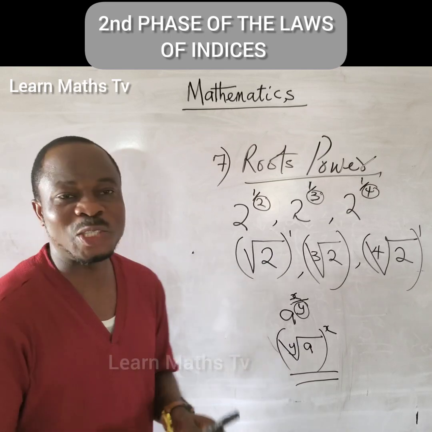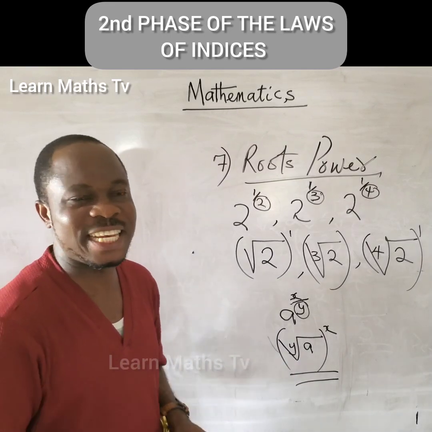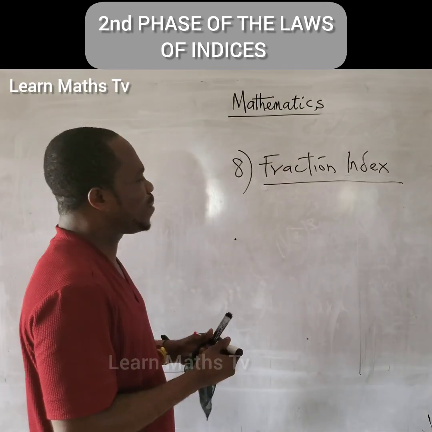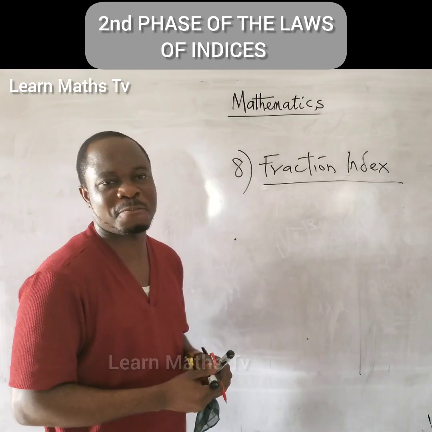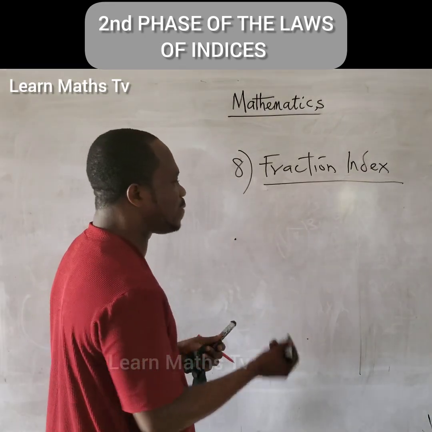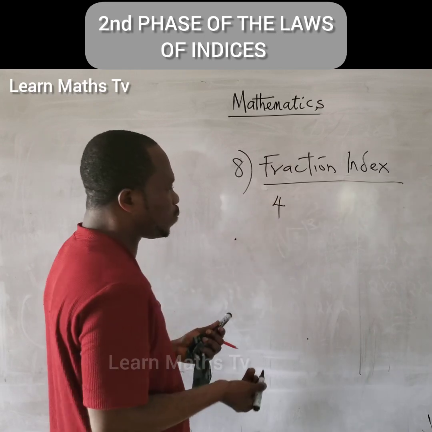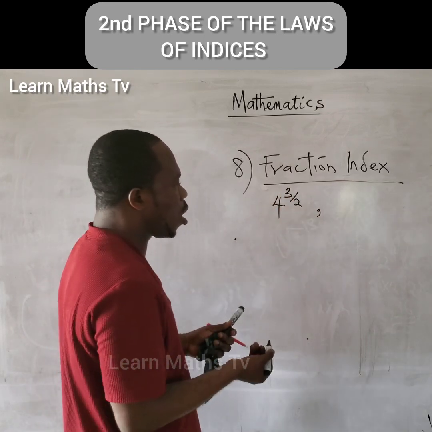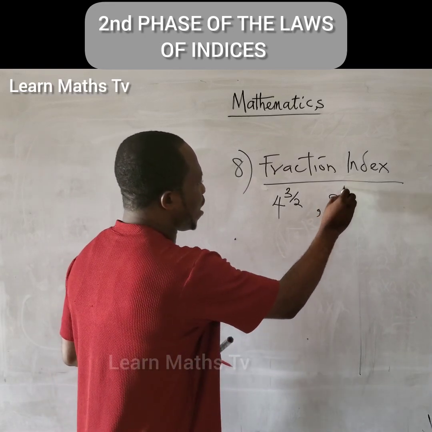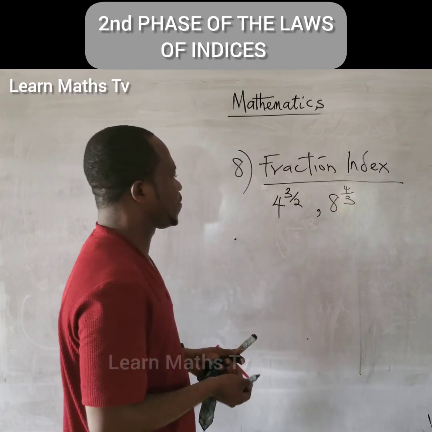So finally, we're going to look at the fraction index. At times, a number might be raised to a power which is a fraction other than half. For example, let's say we have 4 raised to power 3 over 2, or 8 raised to power 4 over 3.